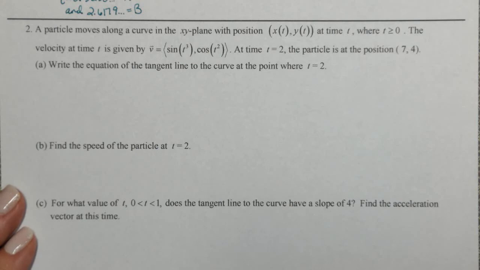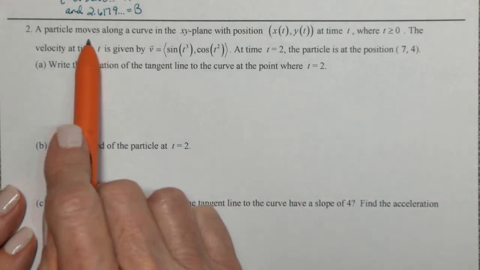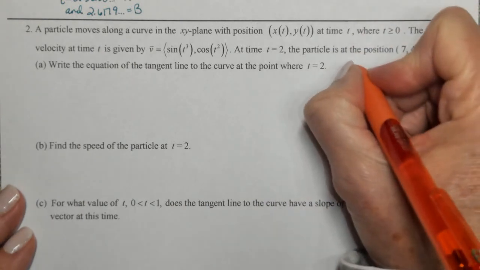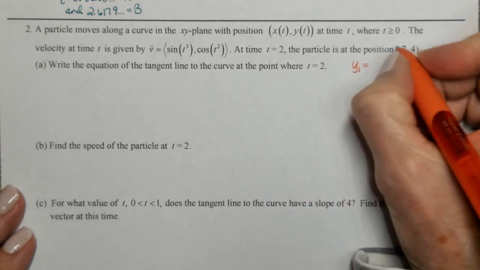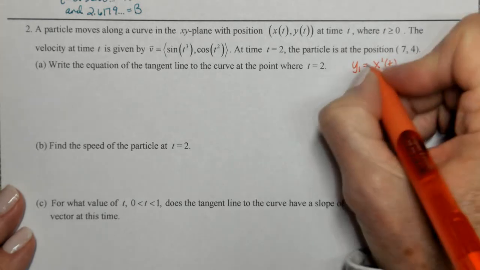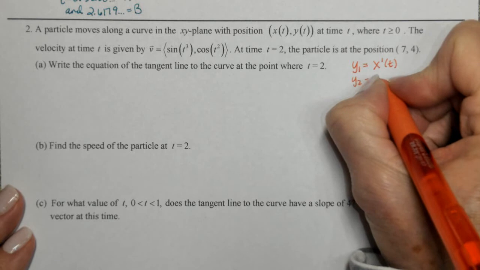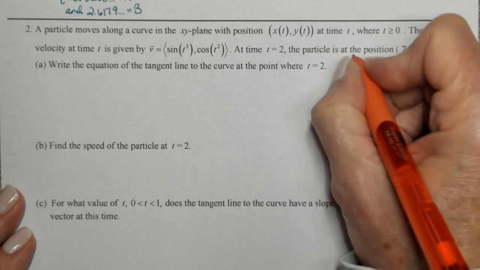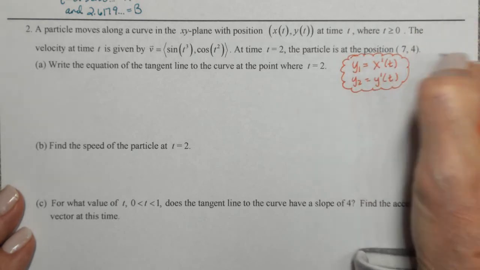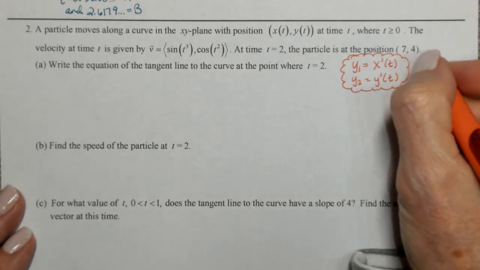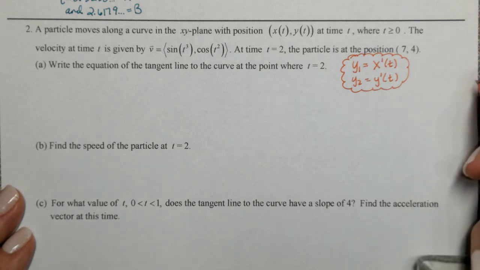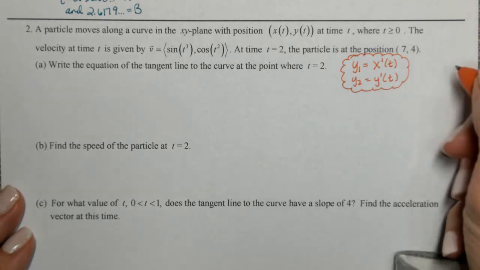My tip for you for every FRQ where you're dealing with particle motion is this. In for y1 in your calculator, put x prime. In for y2, put y prime. And that goes not just for this one, but for every one. If at all possible, you do that. Sometimes you're not going to be given that information. Sometimes you can get the information, and if you can, do it.